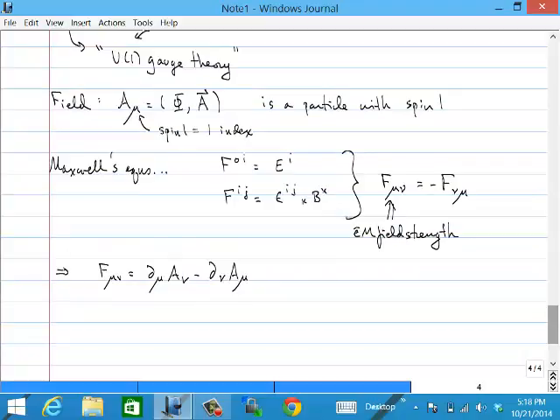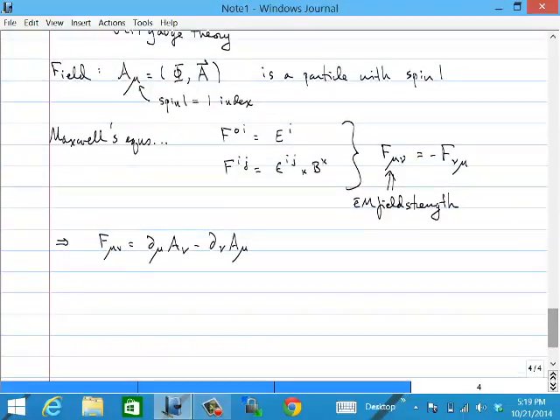And because F^{μν} is antisymmetric in its indices, the only thing that you could possibly write down is this particular antisymmetric combination of derivatives that I've written here. Okay. You guys did this on your problem set, is that correct? Okay, so this should all be reasonably familiar.